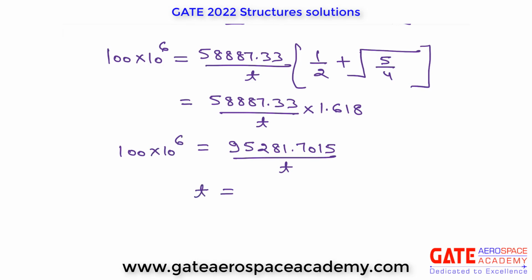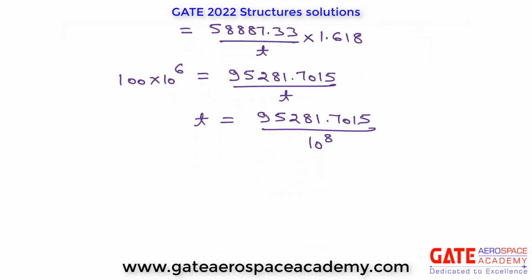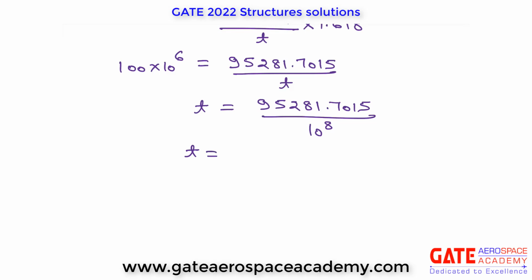So T is equal to 95281.7015 upon 10 raised to power 8. So thickness T is equal to 9.52 into 10 raised to power minus 4 meter.